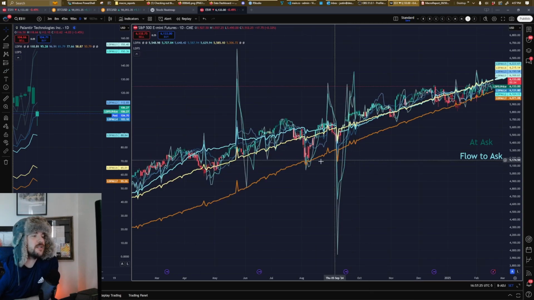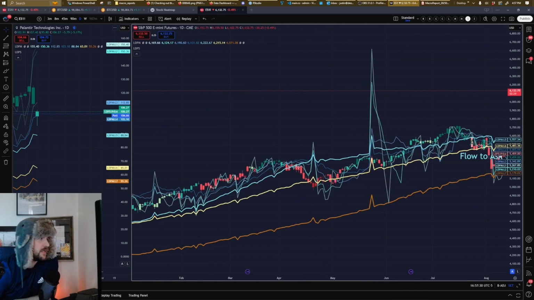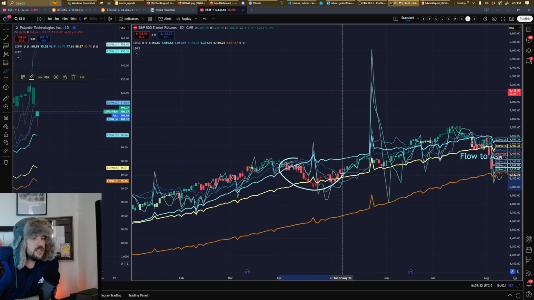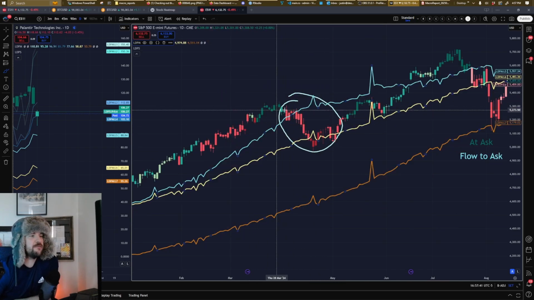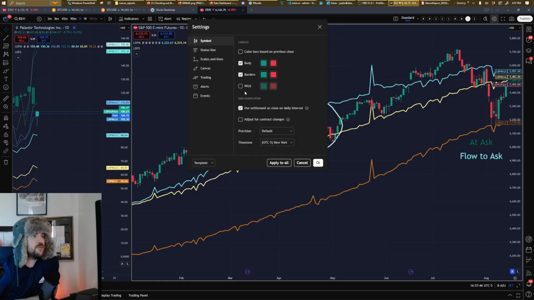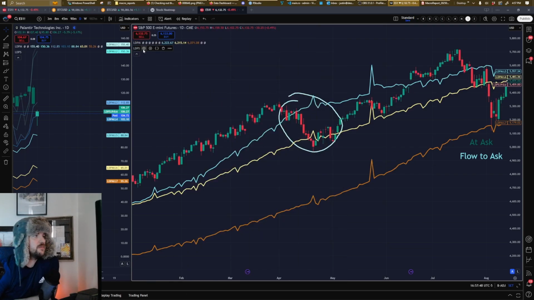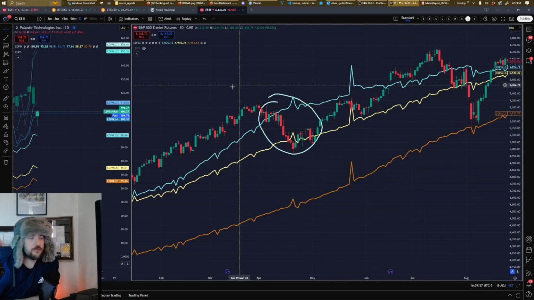I never actually looked at that. I will say, in a similar vein, LDPS was designed in a roundabout way to address what you're talking about. Without LDPS coloring the bars, if we turned LDPS off, there was always the question: how do we know if the price is approaching LDPM, whether it's going to bounce up or fall through?